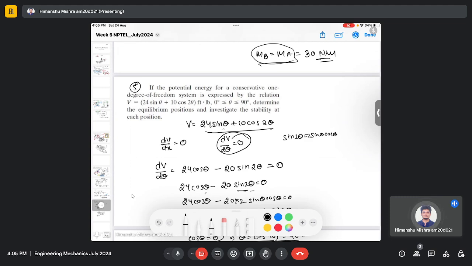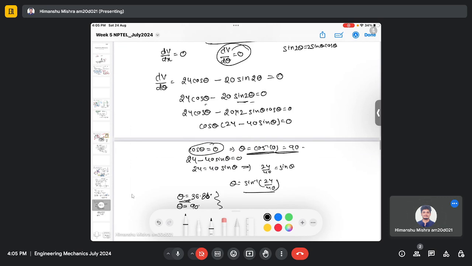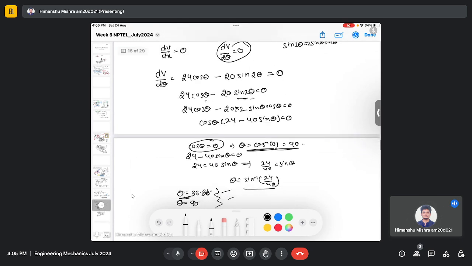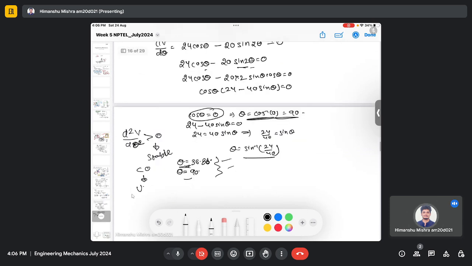Now we need to find out whether these positions are stable or unstable. For that we need to calculate the double derivative of the potential and check its sign. We have just discussed that if it is positive, it corresponds to a stable system, and if it is negative, it indicates an unstable system.